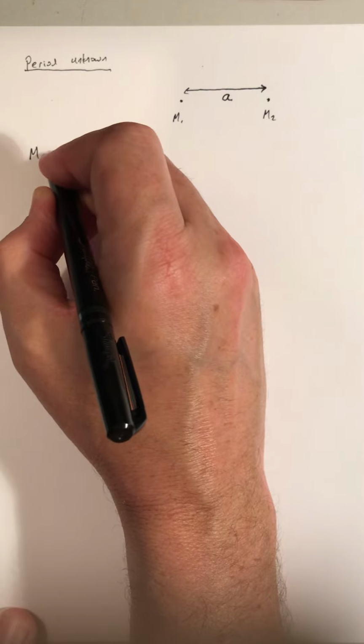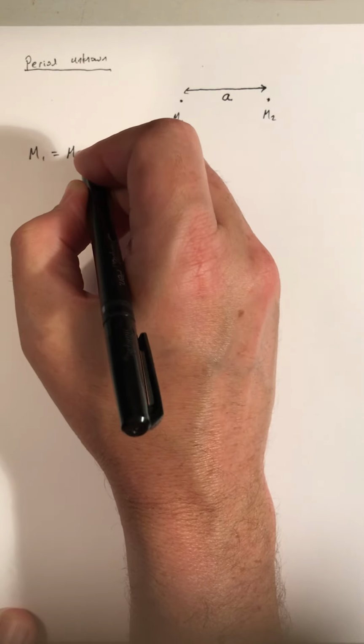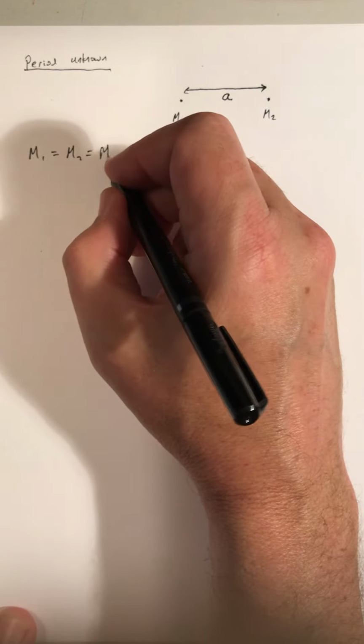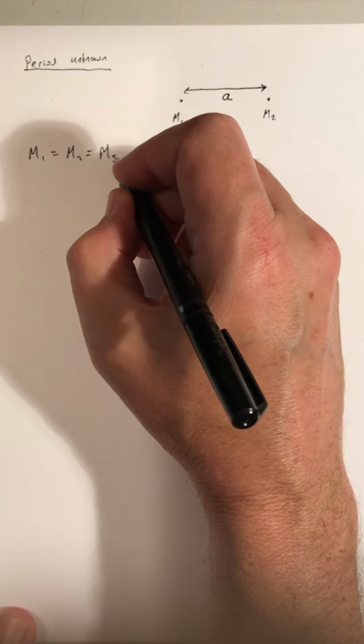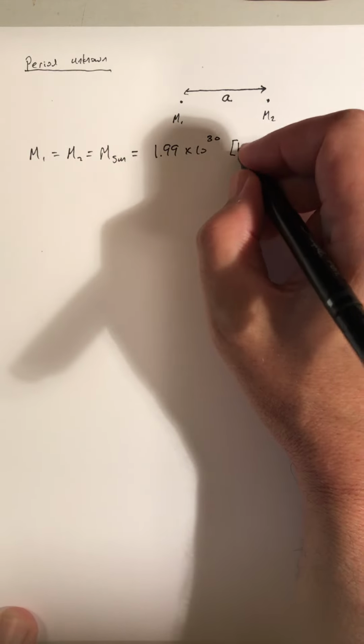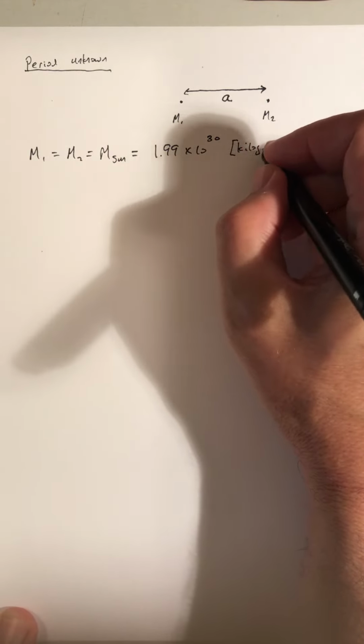So M1 is the same as M2, is the same as the mass of the Sun. And that's 1.99 times 10 to the 30th kilogram. And that's already a mass in kilograms, so that's good.